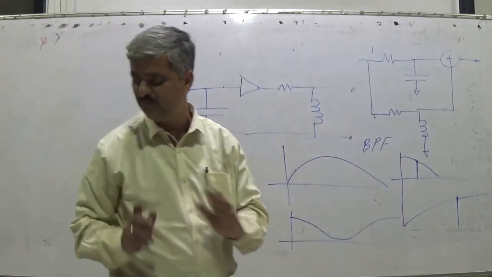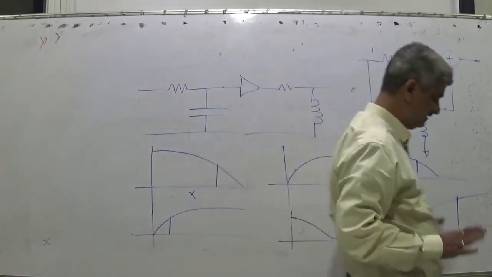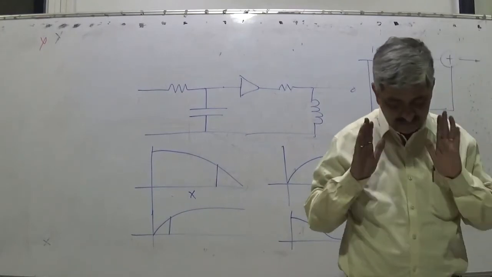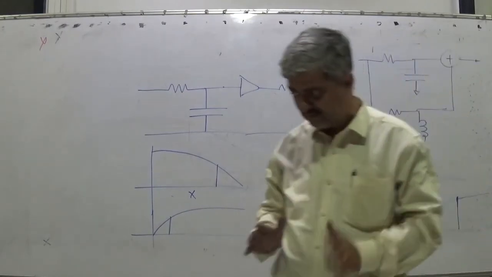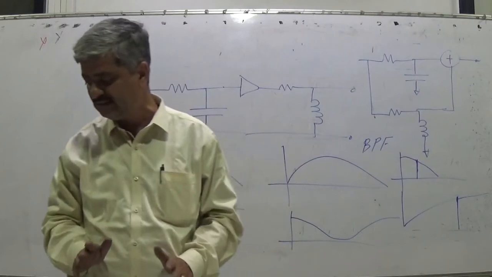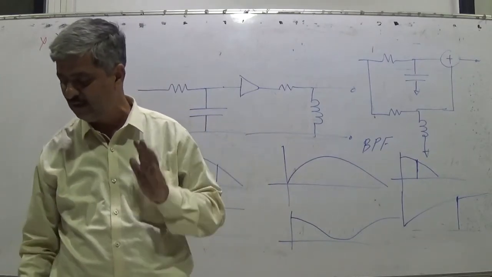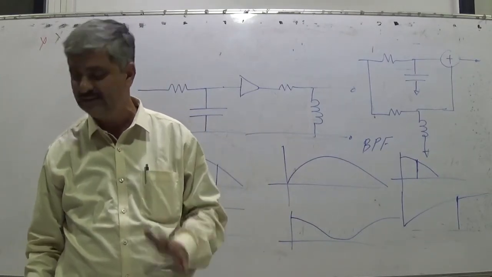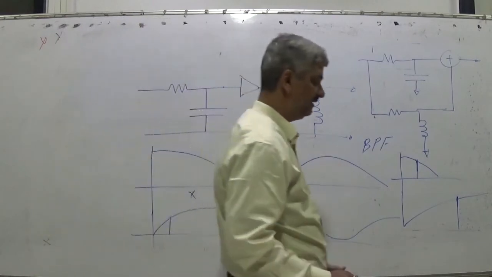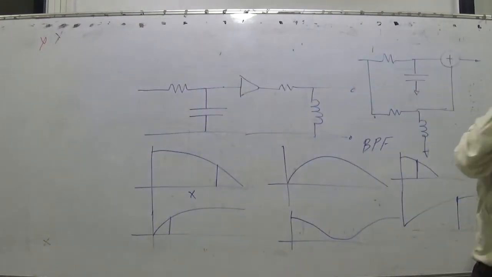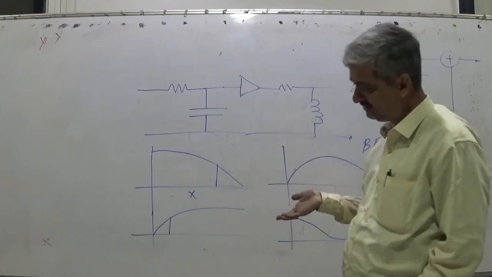So all these four kinds of filters are very simple. A filter is a frequency selective network where gain is a function of frequency. So I hope that I have explained all the basic filters.